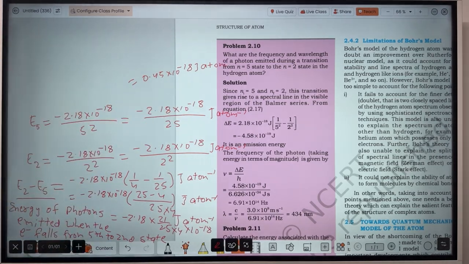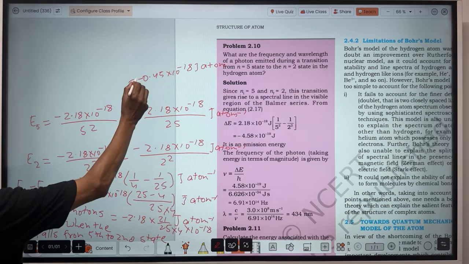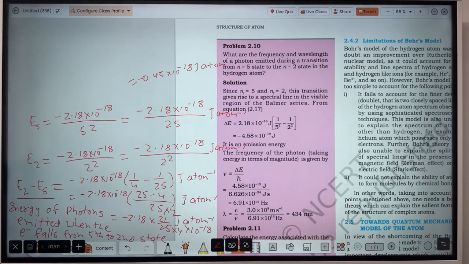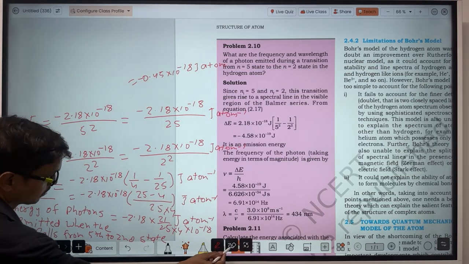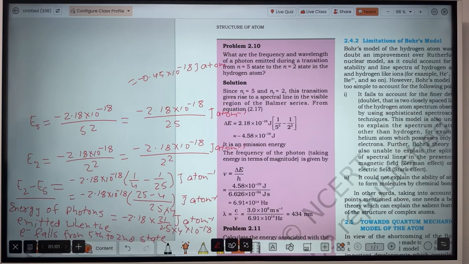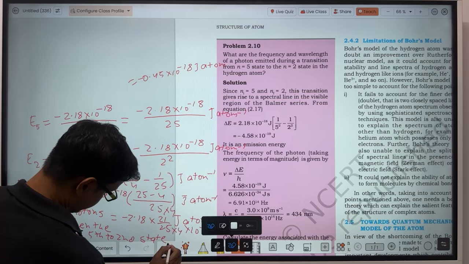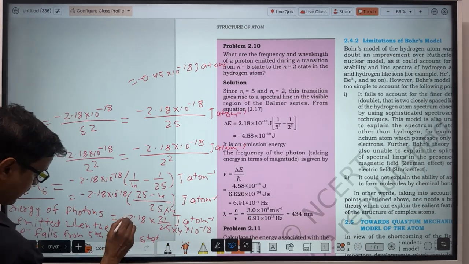This one is the decrement in the energy of the electron. The negative sign means a decrease in the energy of the electron. So this is the energy of the photon emitted, and it will be positive.